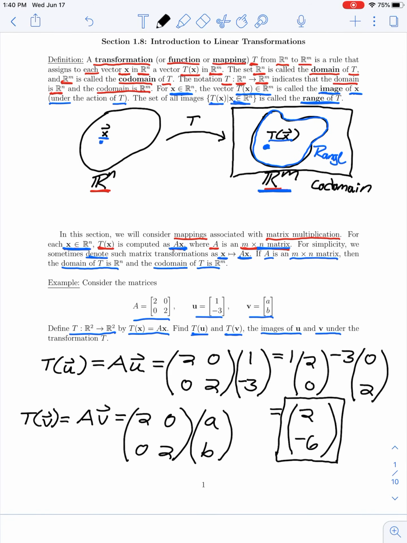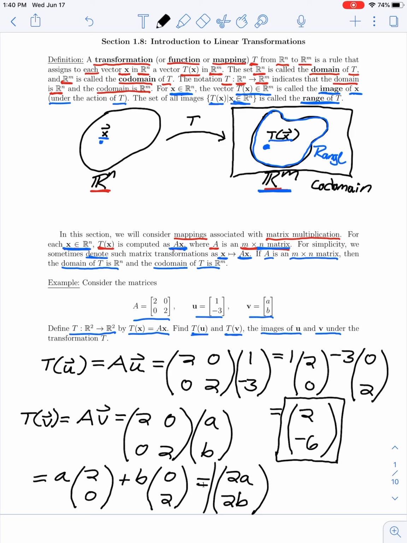Again, to take this product of a matrix times a vector, we take the first component of our vector, a, as the weight of the first column vector of the matrix A, plus the second component of our vector, b, as the weight for the second column of the matrix A. So we're left with 2a plus 0 and 0 plus 2b. This would be the image of v under the transformation T.